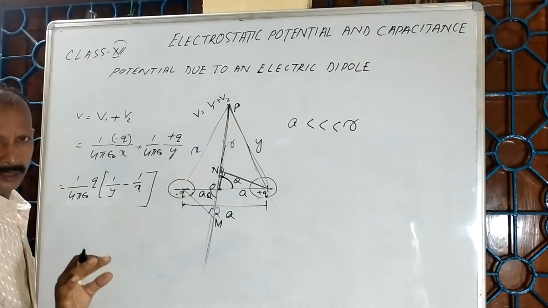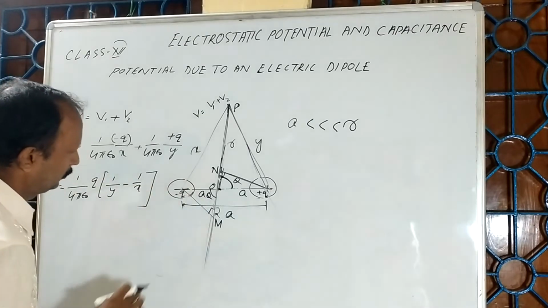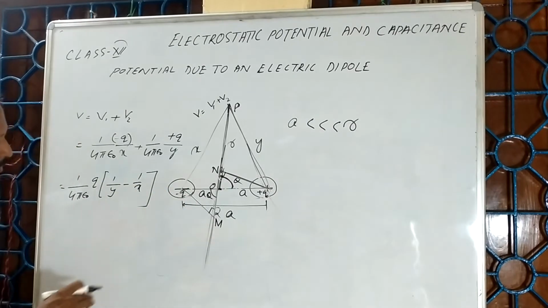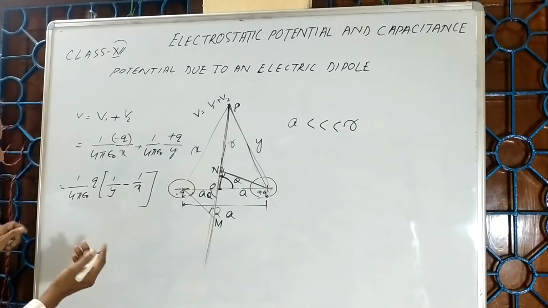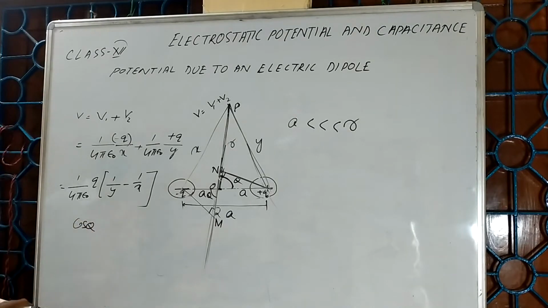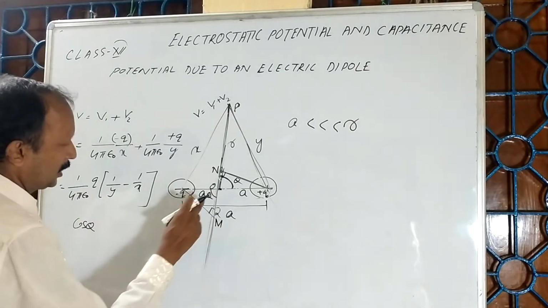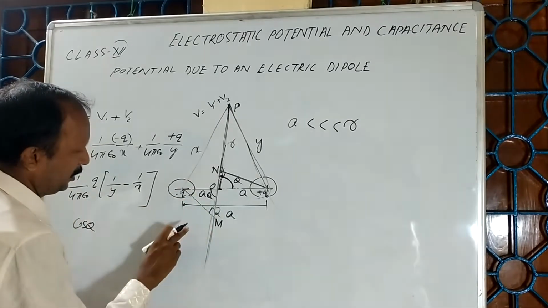Now let us see. I want to take cos theta in this triangle. You know that cos theta is adjacent side by hypotenuse.